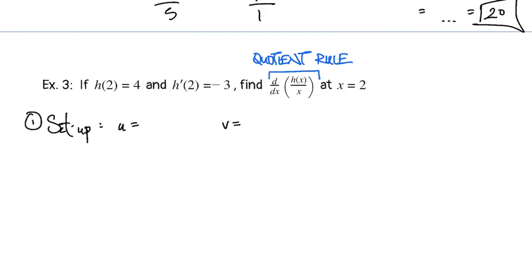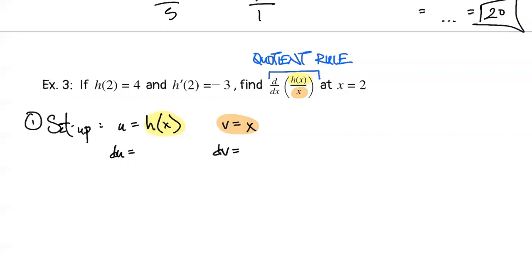Good. U would be h of x, and v would just be x. We can see that our numerator is our u and our denominator is our v.